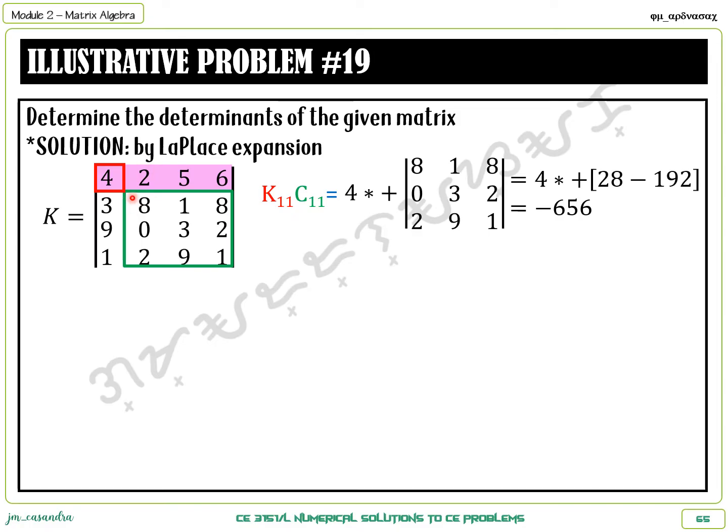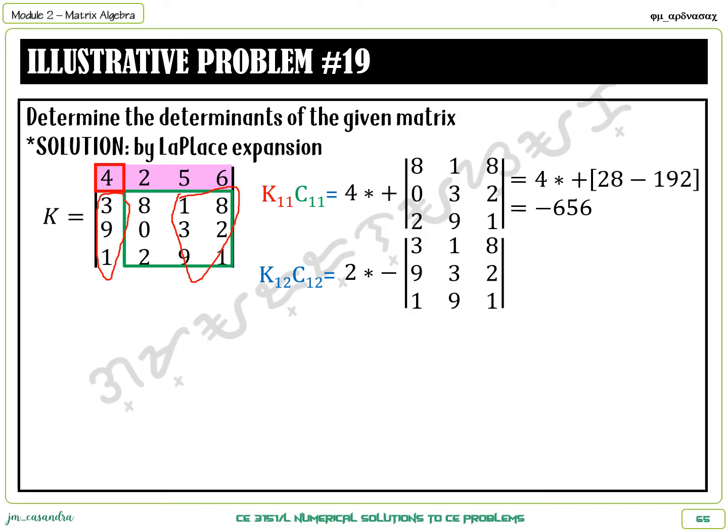And then we move to the second element of the first row. So that will now be E12 multiplied to its cofactor. So that will now be 2 times the negative of the minor matrix.